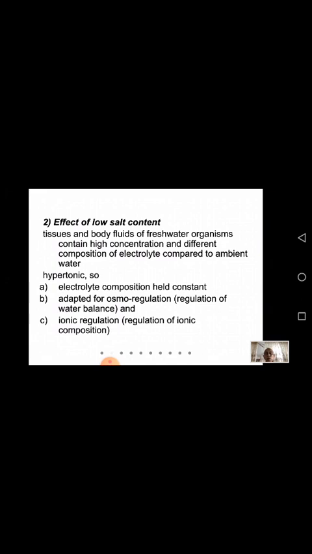Ambient water means the water where they remain immersed, and there are two kinds of things, hypertonic. So electrolyte composition is constant, adapted for osmoregulation and ionic regulation. So the organism's adaptation must go through osmoregulation and also ionic regulation.